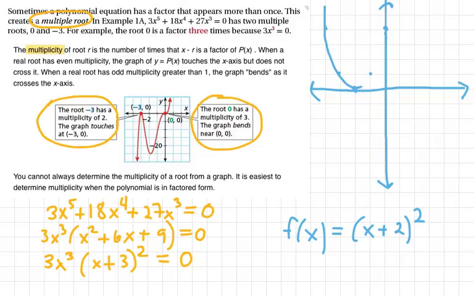At any rate, it looks like this. So you can see that it has a multiple root at x equals -2 and reflects off the x-axis. So there's a couple of different examples. Hopefully this idea is clear.